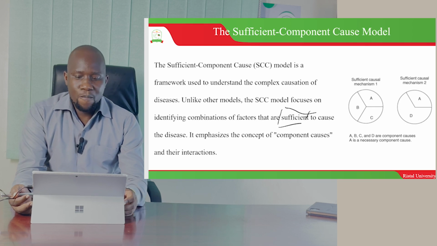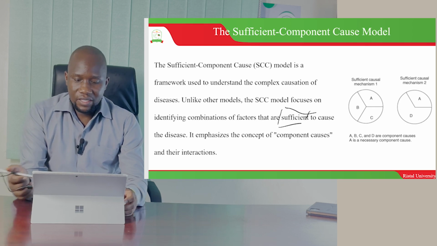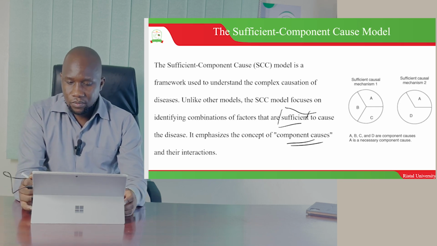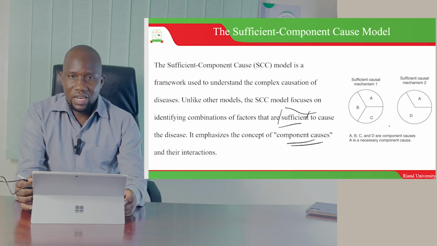Okay, so the major emphasis here is to do with what we call the component causes. So here, you have different causes, A, B, C. These are the different causes. You can have a disease that can actually have multiple ways in which it can manifest.